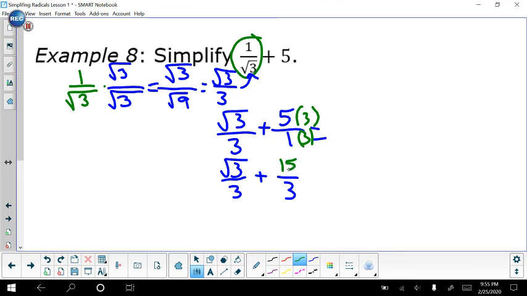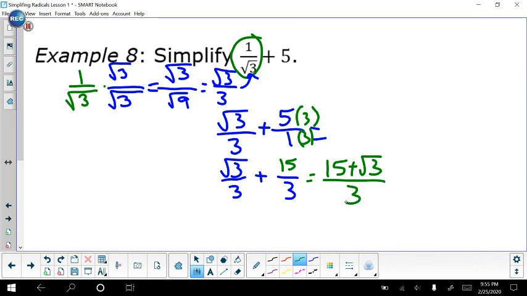So we're going to end up with 15 because 3 times 5 in the numerator. Okay, and now that the denominators are the same, we can add the numerators. So this would end up being 15 plus the square root of 3 divided by 3.